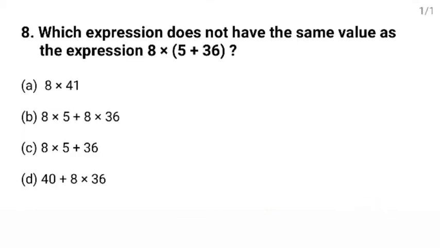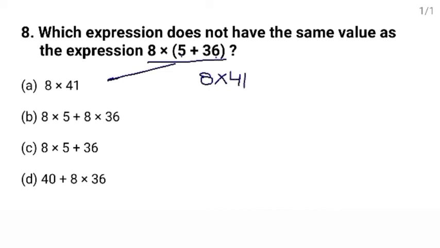Next, question number 8. Which expression does not have the same value as the expression 8 multiply 5 plus 36? This 8 multiply 41 is same as this. Why? Because if we solve the bracket, 5 plus 36 is 41.